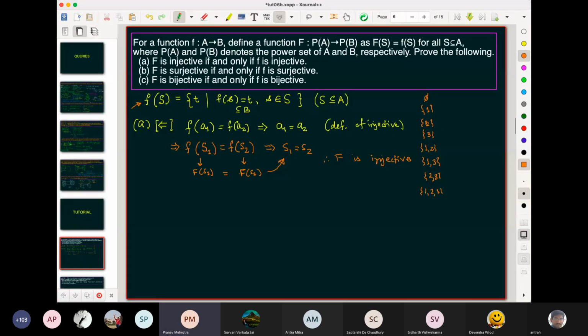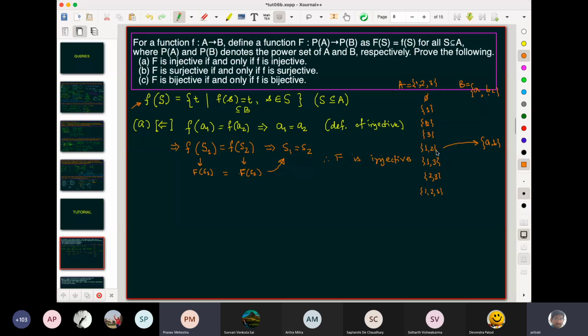What is capital F of {1, 2}? That is some element of the power set of B. Suppose B is a, b, c. Maybe {1, 2} maps into {a, b}. So it can be anything; we are only defining it for S that is a subset of A.